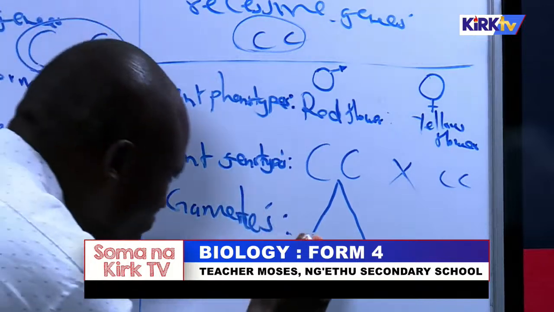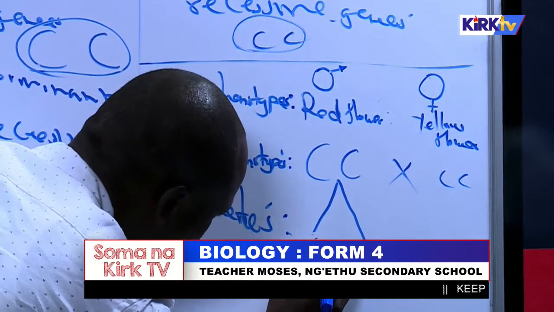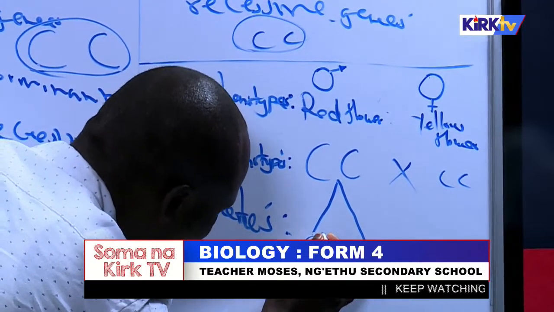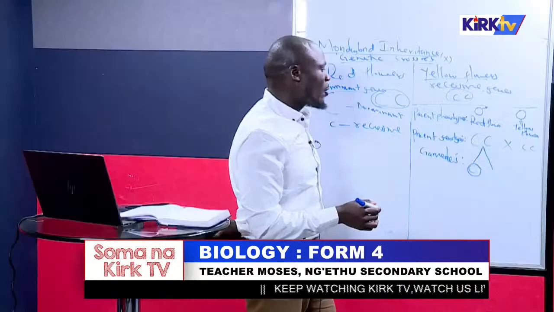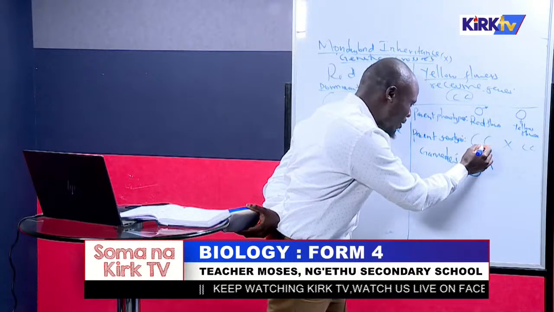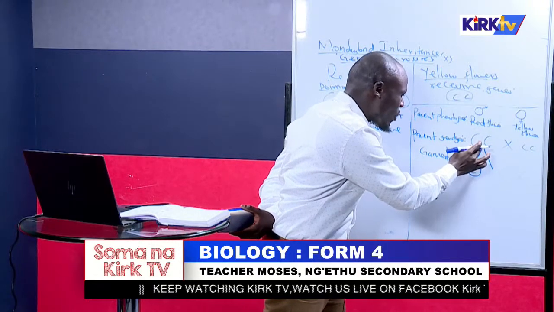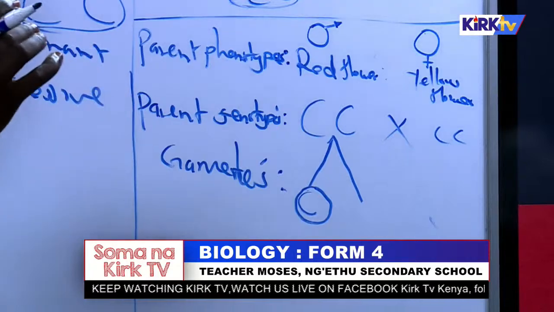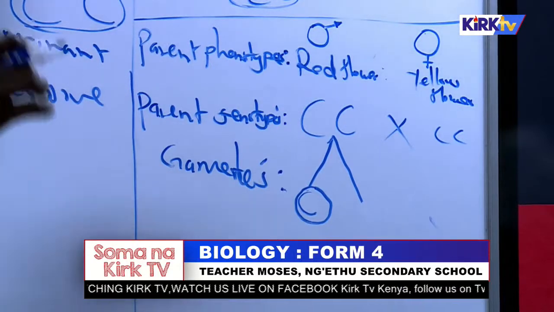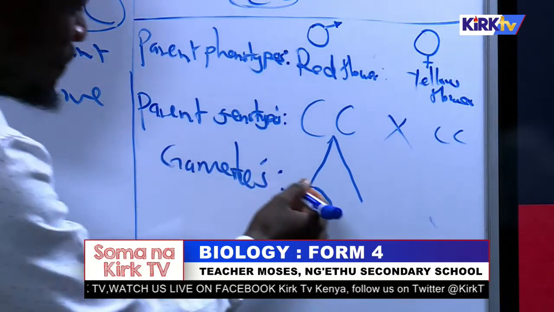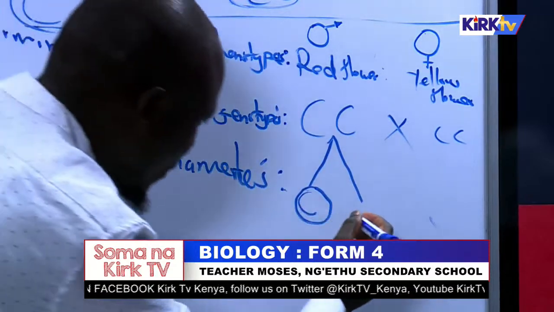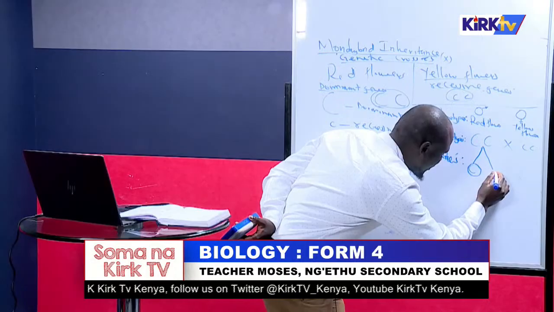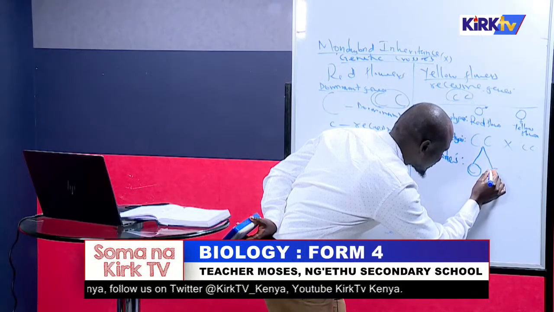So we are going to have capital C at this point, but we circle it. As you circle it, ensure that the line showing the separation of these genotypes touches the circle where we have our gamete. Then another capital C at this point, and we circle it.